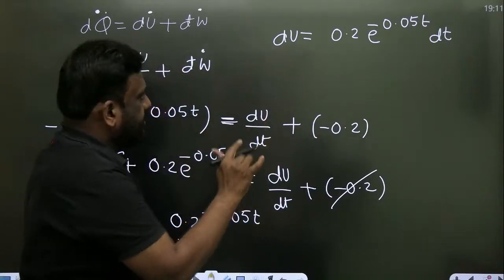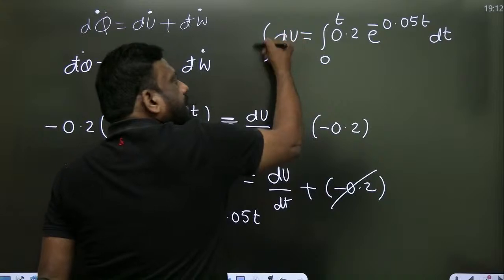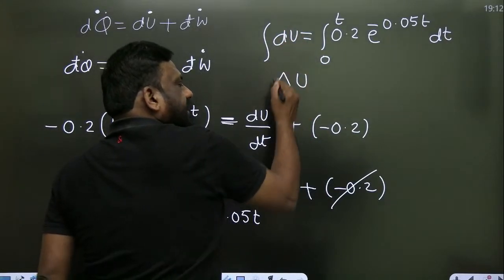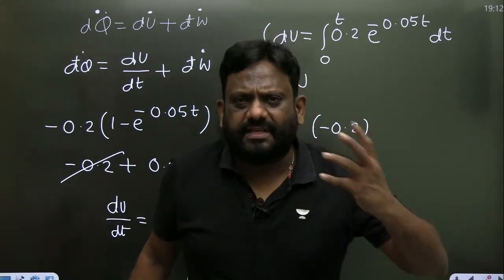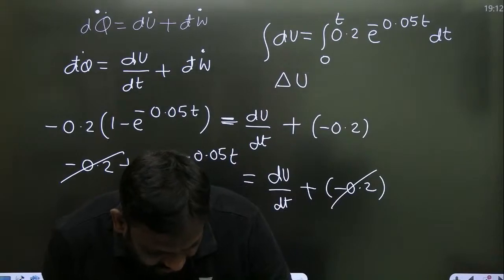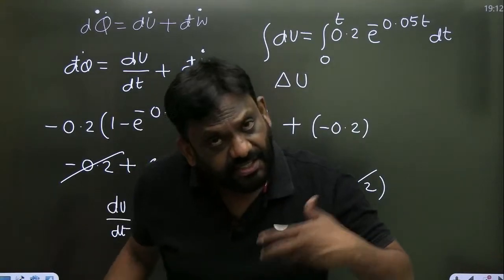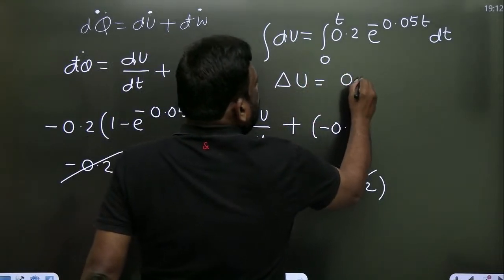Now you integrate this from 0 to t. This way I get the change in internal energy. Whenever kinetic and potential energy changes are not given in the problem, change in energy is change in internal energy itself. So therefore, this will be 0.2, take it outside.